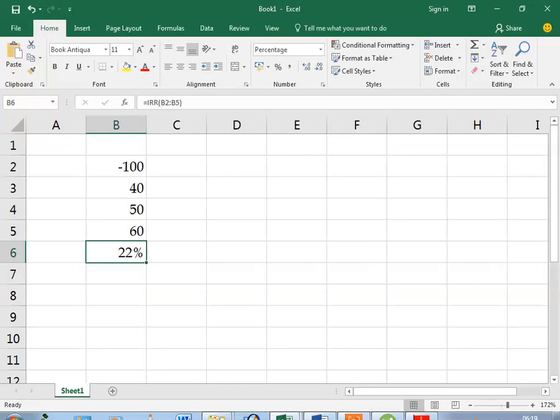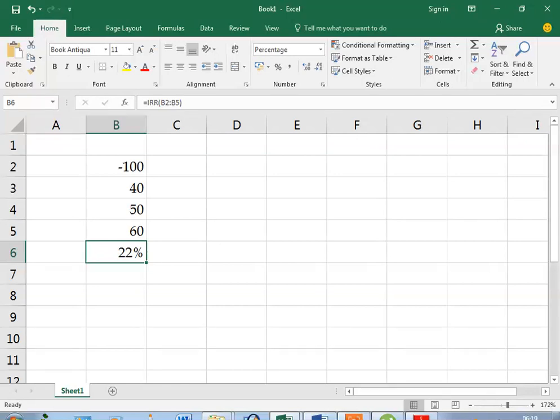So IRR always assumes that intermediate cash flows get reinvested at the IRR, whereas NPV says it will get reinvested at the cost of capital of the company. That is what we are going to see here. Because of this, there is always a conflict between NPV and IRR. So let's try to do that.